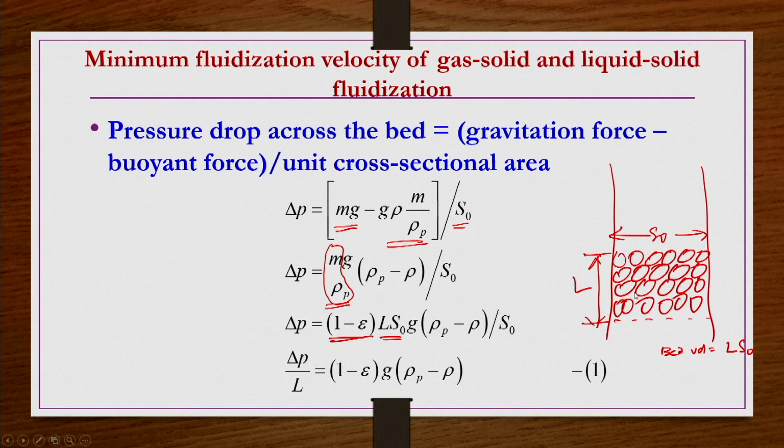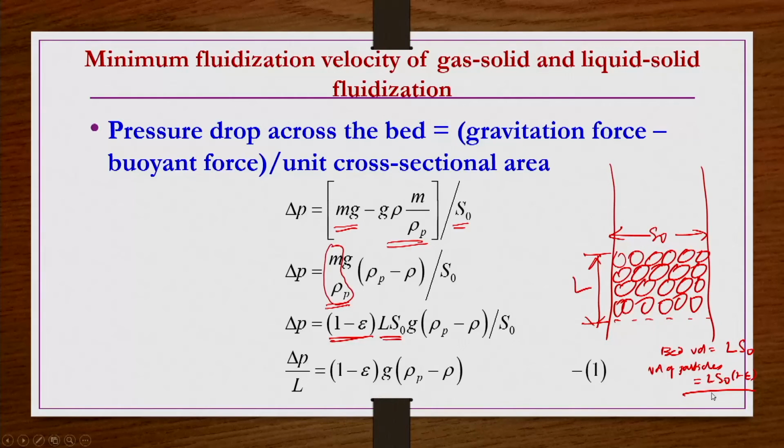This bed consists of particles and void spaces, right. So the volume of all the particles would be L S naught multiplied by 1 minus epsilon, where epsilon is the volume fraction of the void space, so 1 minus epsilon is the volume fraction of the particles within the bed.